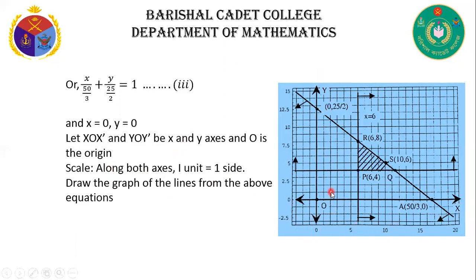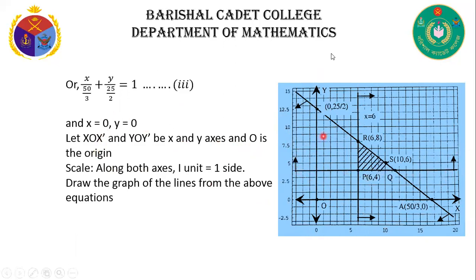Then the first equation, x is equal to 6. That's why we can mark 1, 2, 3, 4, 5, 6 on the x-axis. That means x is equal to 6. Now another equation, number 2, y is equal to 4, parallel to the x-axis. Here y is equal to 4.